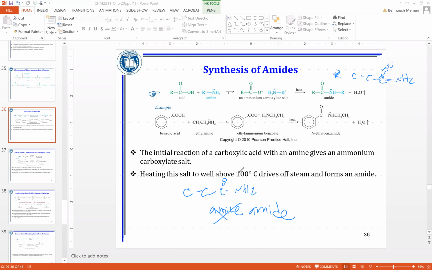How do you prepare amide? To prepare amide, you must use carboxylic acid or acid derivative plus either ammonia or other amines. And I'm going to use examples for preparation of the amide.